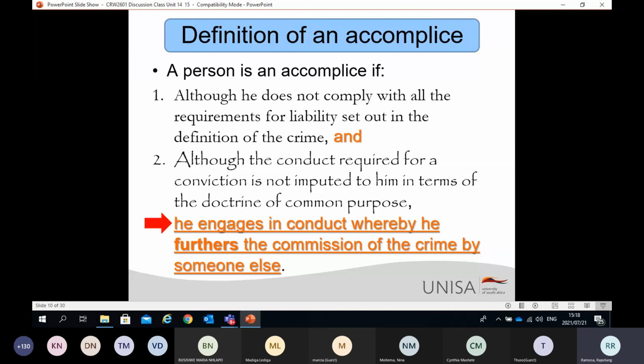So you need to make sure that you don't just flimsily call somebody an accomplice who could easily be a perpetrator or a co-perpetrator in such instances if they satisfy the definition of perpetrator liability. So I want to stress the importance that these concepts are very technical, and you have to make sure that you master how to utilize these concepts very well.